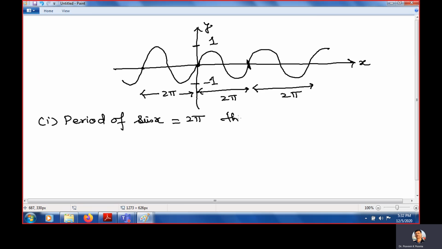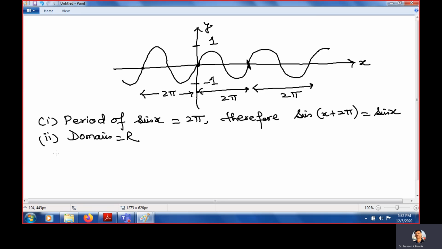Therefore sin(x plus 2 pi) is equal to sin x. That I told you in the previous slide also. This is property number one. Clear? Property number two is the domain that I told you on the previous slide.